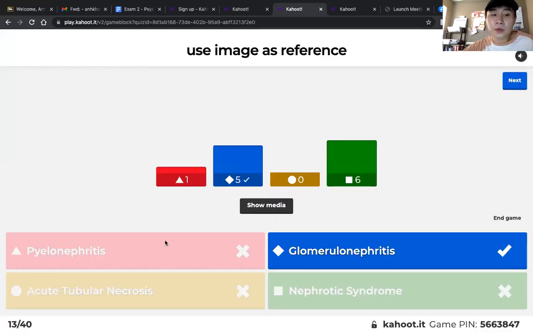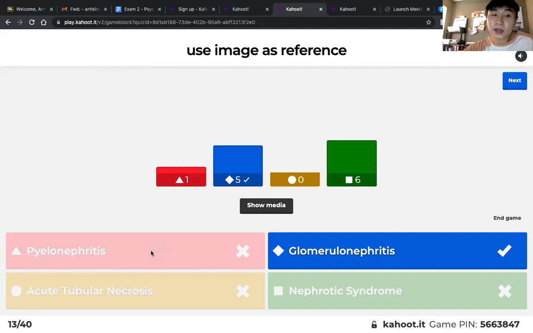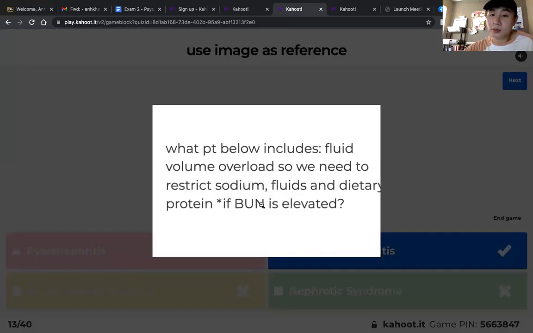The reason why it's not pyelonephritis is that pyelonephritis is the infection of the kidney, and in pyelonephritis we want to increase the fluid in the patient so that the patient can pee out the bacteria. So we cross that out because we want to increase the fluid in pyelonephritis. In nephrotic syndrome, we want to increase the protein. So that's why we don't choose nephrotic syndrome.